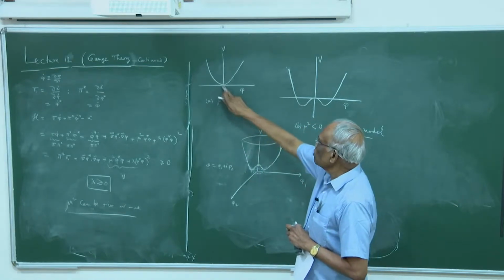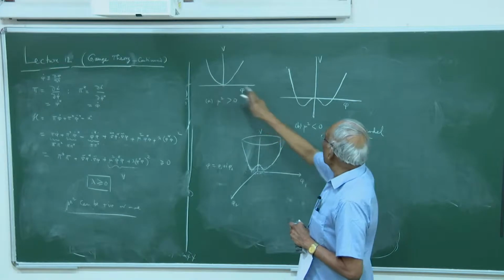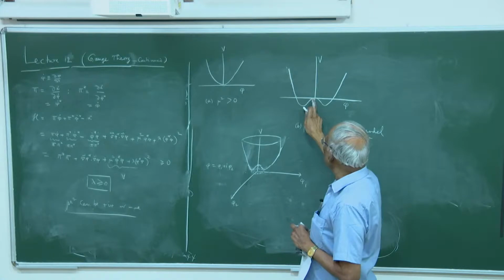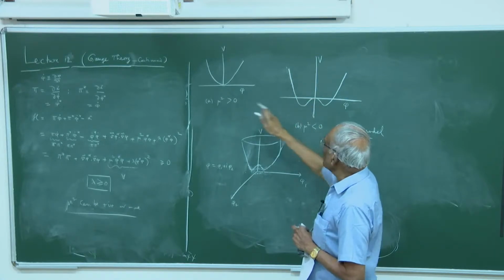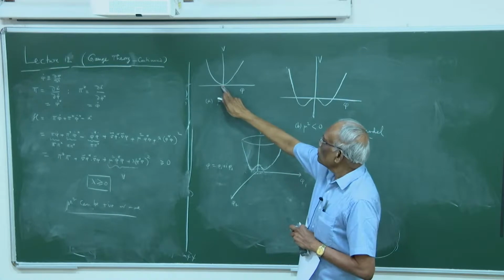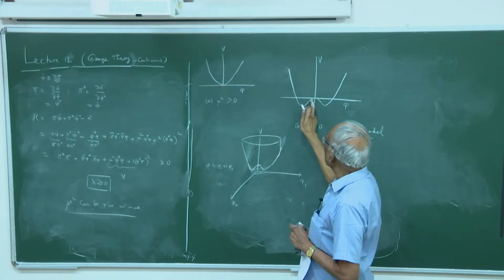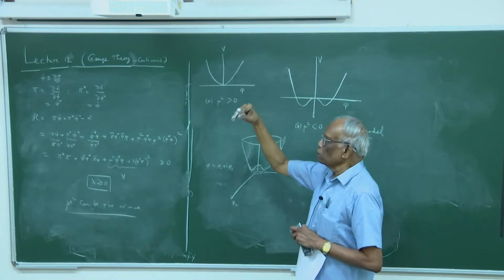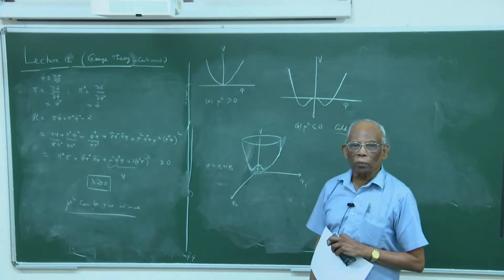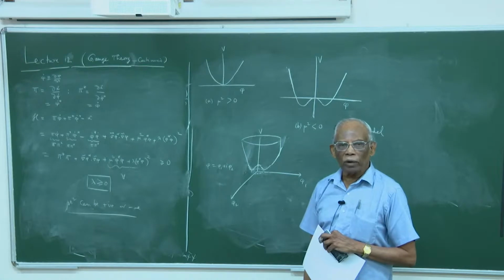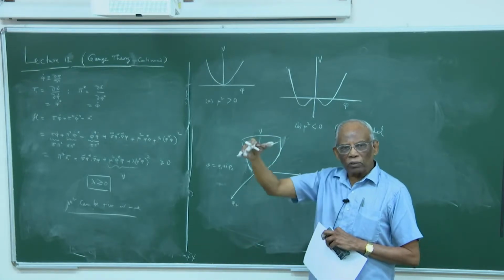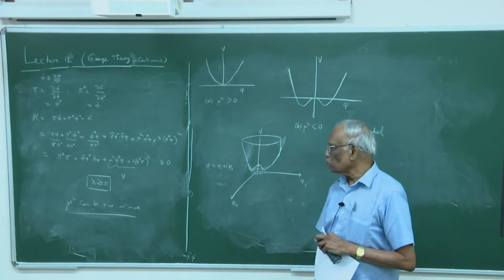Here, this is the ground state of the system. The corresponding point here is not the ground state, because it is an unstable equilibrium. Here it is a stable equilibrium. Here this is a maximum of the potential. It is like standing at the top of a mountain, and any small wind disturbance will take the ball that was there down below.